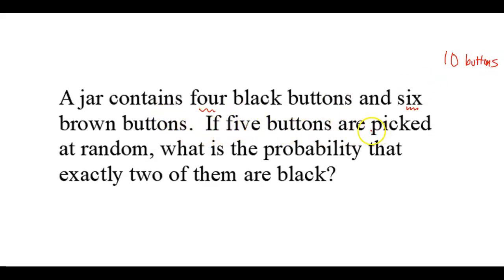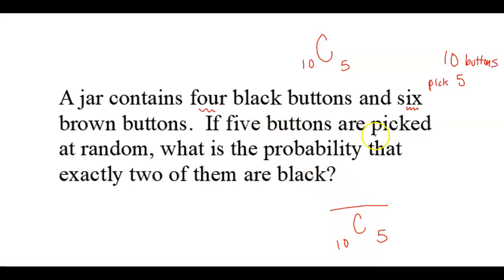If 5 buttons are picked at random, we're going to choose 5. So in our combinations, our 10 would be our total, and we're choosing 5 of them. This is going to be all of the total options, our total number of possibilities, because I have 10 buttons and I'm choosing 5 of them.